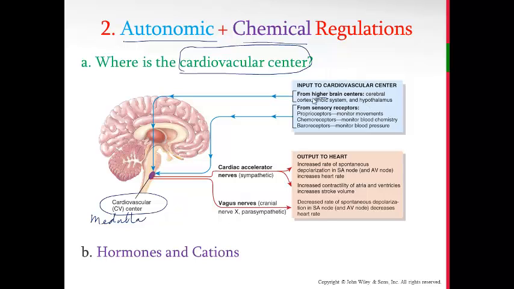For instance, from higher brain centers, from your hypothalamus, limbic system, cortex region, as well as from your sensory receptors. Overall muscle movements send messages through your proprioceptors to the cardiovascular center. They also monitor blood chemistry through your chemoreceptors, as well as blood pressure through your baroreceptors. So all this information gets sent to your cardiovascular center.